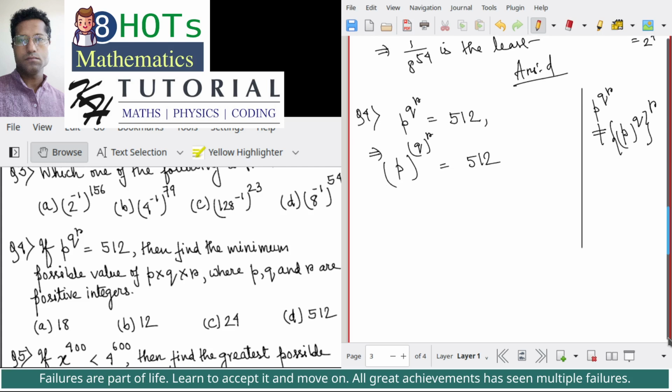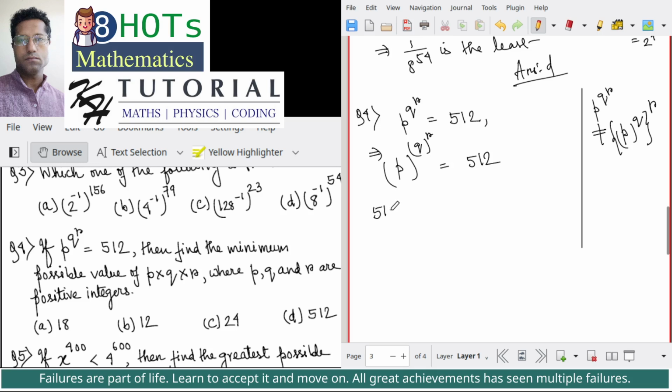Now let's quickly see what are all the possible values of p, q, r, so that p raised to the power q raised to the power r will be 512. Now let's try to express 512 as p to the power q to the power r. The simplest way is that p can be 512.